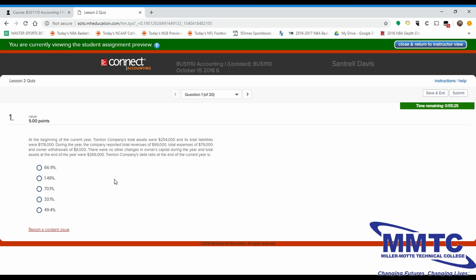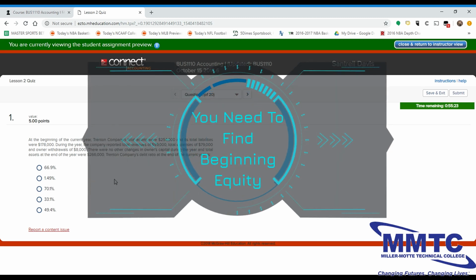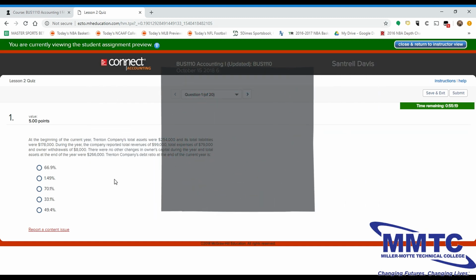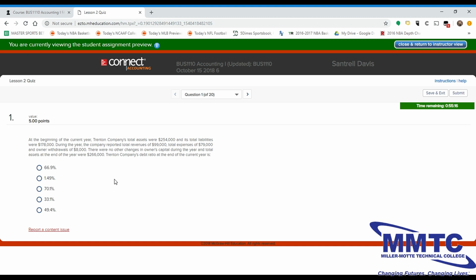Did it say anything about beginning equity in the question? Did it give us beginning equity? Nope. So now let's just find the difference. We got ending equity for the year, which is net income minus the withdrawals, leaving us with 12K.